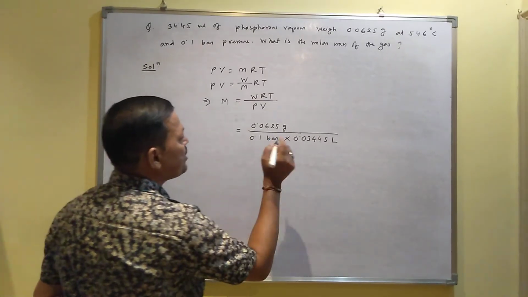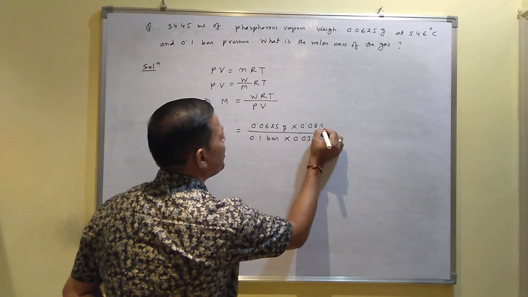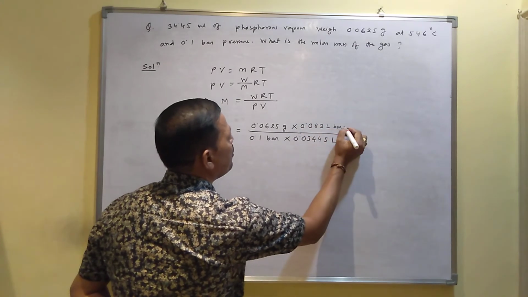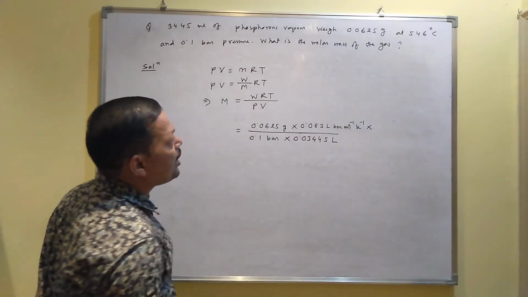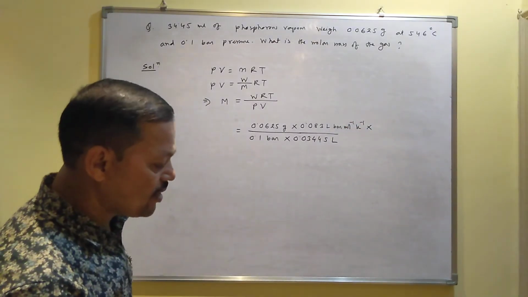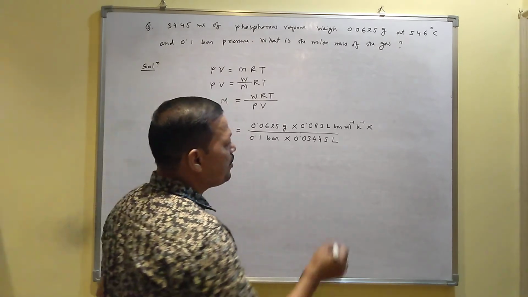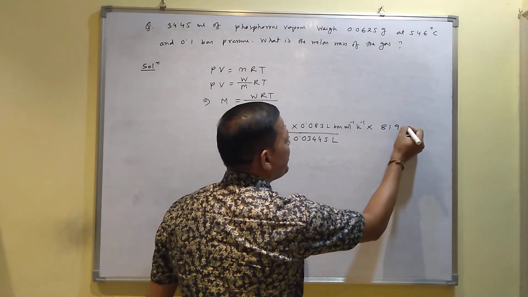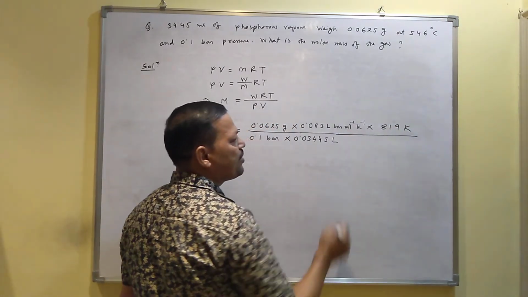Since the pressure is given in bar, the R value you have to use is 0.083 liter bar per mole per Kelvin, and temperature is given as 546 degrees Celsius. So 546 plus 273, you will get 819 Kelvin. You have to convert temperature to Kelvin because the R value is given in Kelvin.